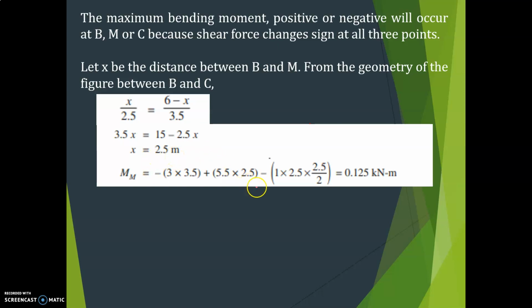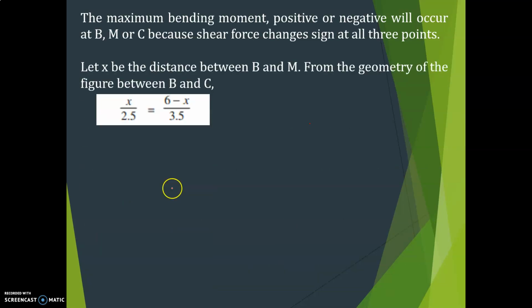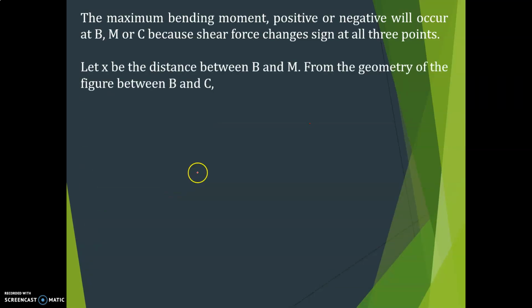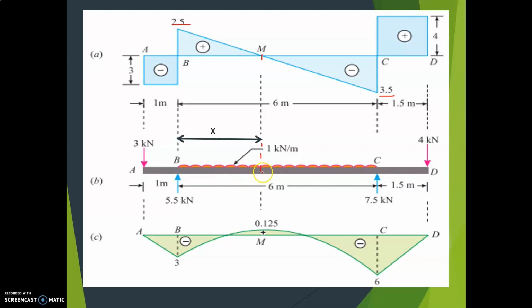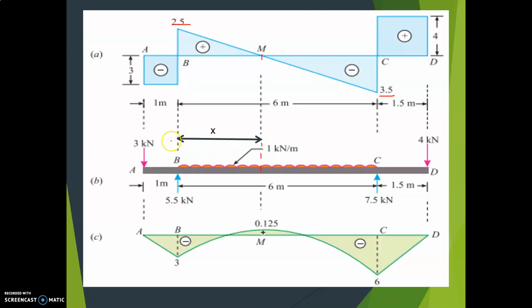Once you get X, you can calculate the bending moment at that point. I'll consider from this side: minus 3 into 3.5, this distance from here till here is 1 plus X, that is 2.5 plus 1, 3.5.